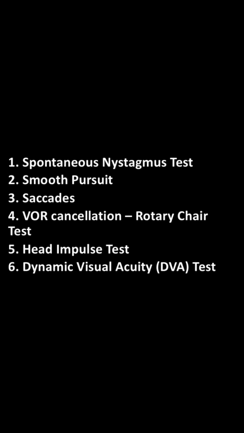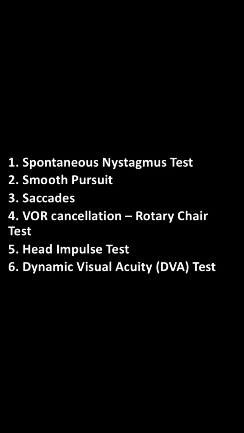The fourth test performed in this video is the VOR cancellation test by way of the rotary chair test. The purpose of the VOR cancellation test is to assess the patient's ability to suppress the vestibular ocular reflex while rotating. VOR cancellation testing can be used to test the central vestibular pathways and allows the clinician to see the patient's VOR suppression.